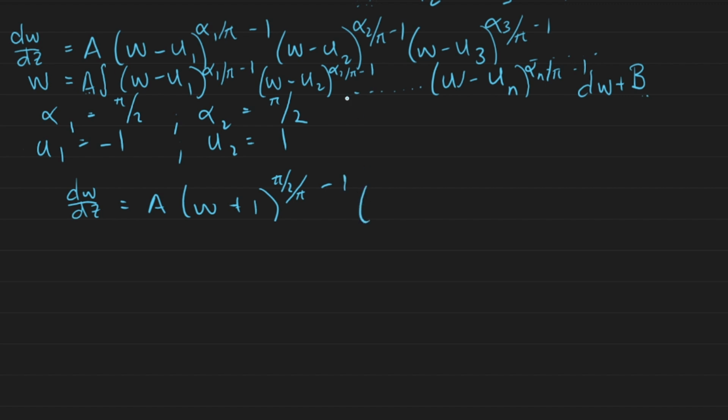Then we have w minus u2, and u2 is equal to 1, so w minus 1. Again, alpha 2 was pi over 2, so we have pi over 2 divided by pi minus 1. That pi and that pi will cancel out, same with the second expression. So we have half, and half minus 1 is minus half. It's the same thing with this second expression as well.